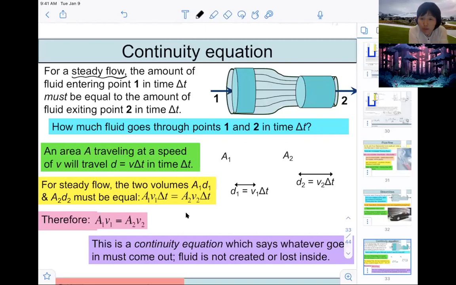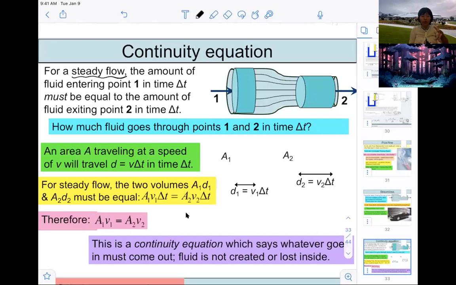So how do we describe that with a mathematical expression? Let's consider an area with surface area A. If the water is traveling at a speed v, then in time delta t, it will travel a total distance of v delta t. For a steady flow, the two volumes must be equal, right? How do we describe the amount? It's volume.